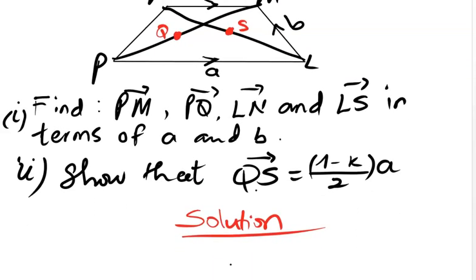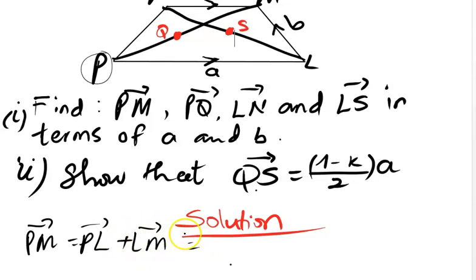From the diagram, P to M means you must start at P, and go to M. You cannot follow this direct path because there's no arrow and no letter indicating that road. So we take PL plus LM. PL is A, LM is B, so A plus B.